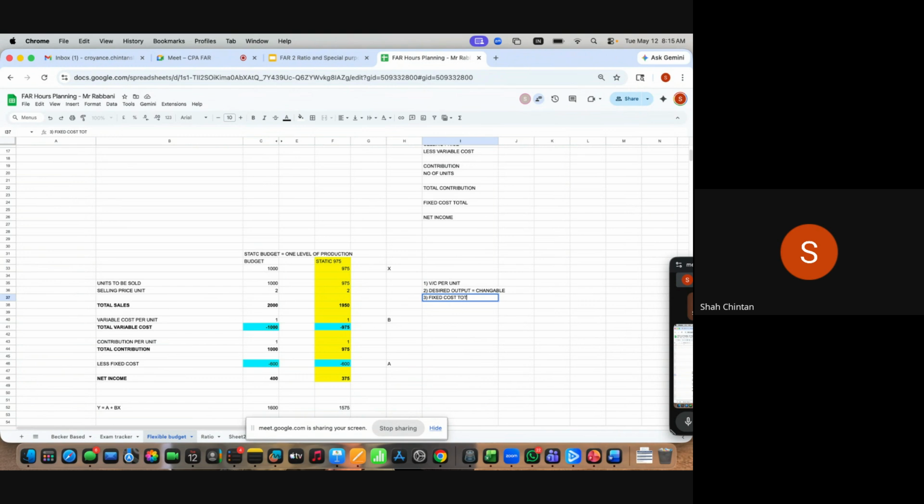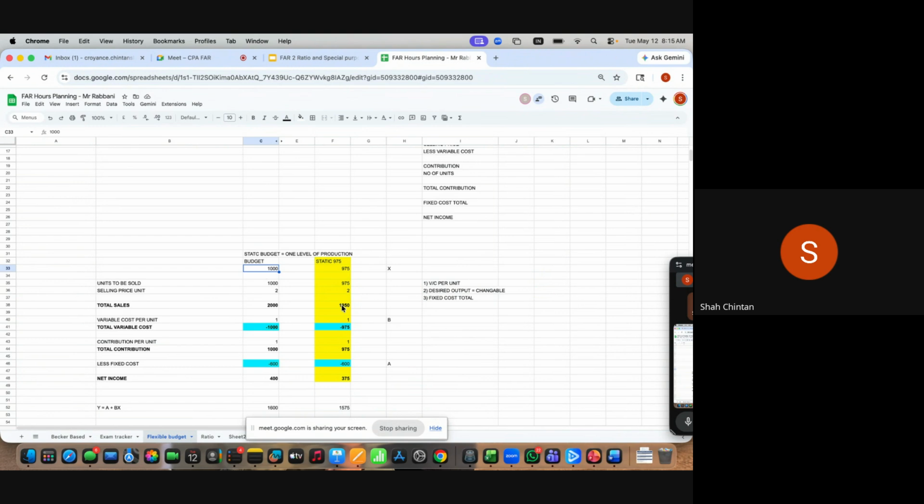So if you have these 3 pieces of information available with you, you can prepare a budget for n number of activity. Suppose यहाँ पर management को देखना है कि what will be our budgeted profit if company do a business of 900 units, 950 units, 975, 1000, 1025, 1050 and 1100 units. तो पहले क्या होता था, आपको 8 अलग अलग बजट वापस बनाने पड़ते थे.